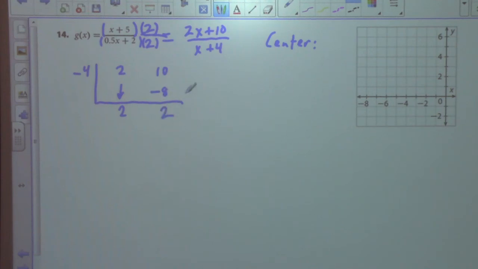And so the new equation would be 2 times the quantity 1 over x plus 4, plus 2. Okay, and so that's going to put our center where? -4, 2. Okay, so we do that, so we get -4, it's going to be something like this, is that right?